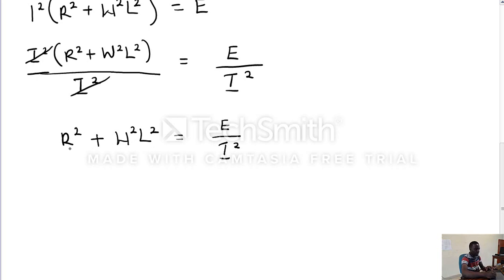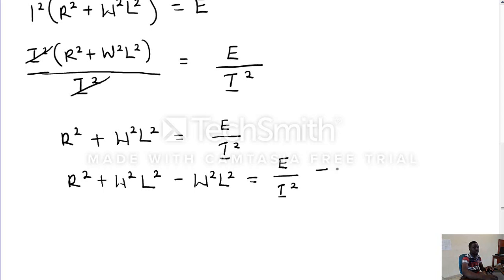Our attention is still on R, so we are going to subtract W squared L squared from both sides of the equation, leaving us with R squared plus W squared L squared minus W squared L squared is equal to E divided by I squared minus W squared L squared.